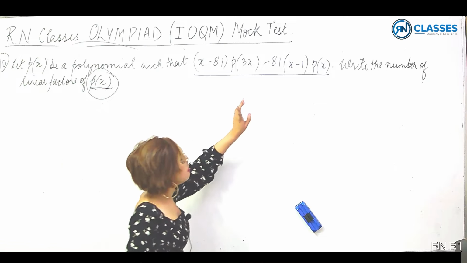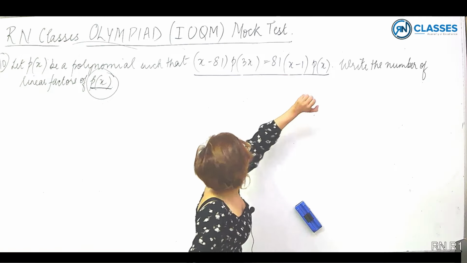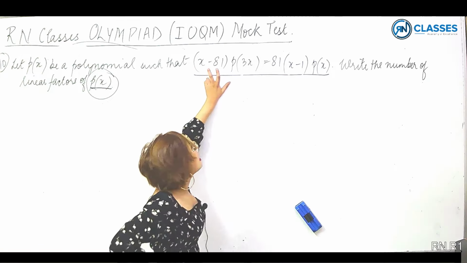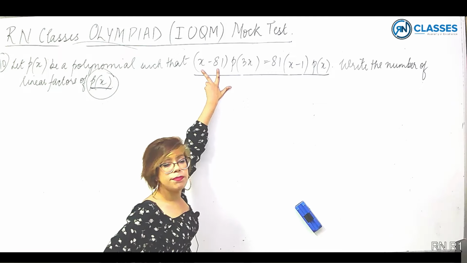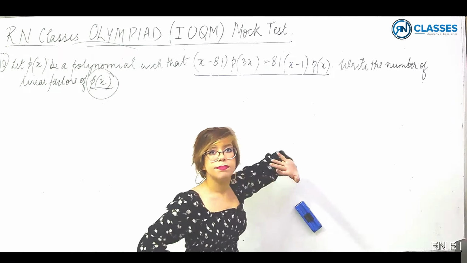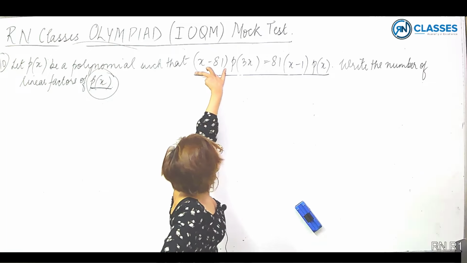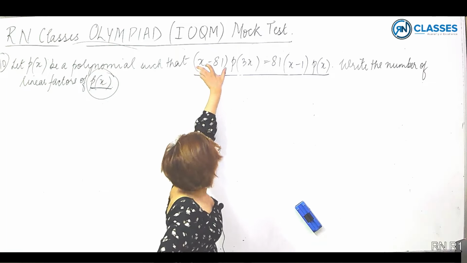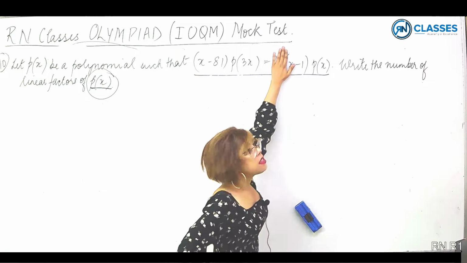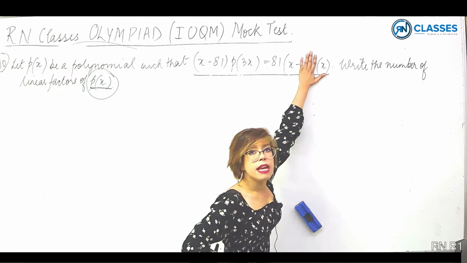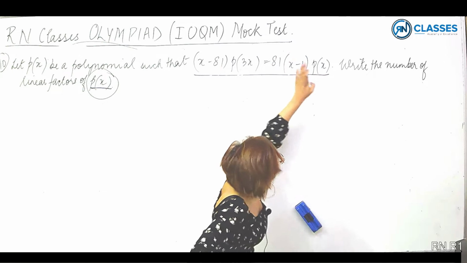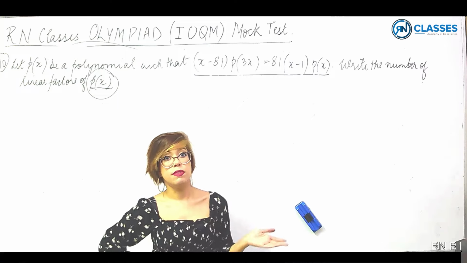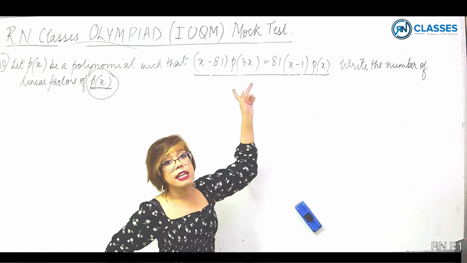Now let's see. P of x is here. Right hand side, left hand side. Now, left hand side I have x minus 81. First of all, the two polynomials are equal. And I have to factor x minus 81 over here. Right? Now, x minus 81 does not divide this. That means this polynomial should divide this one. Observation: left hand side x minus 81 factor is there.